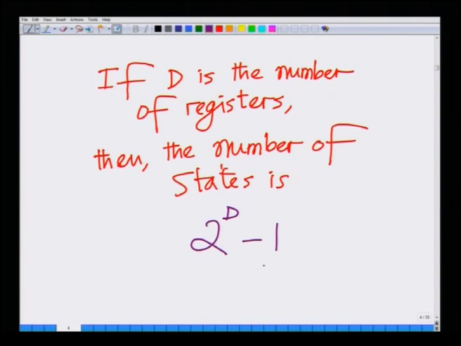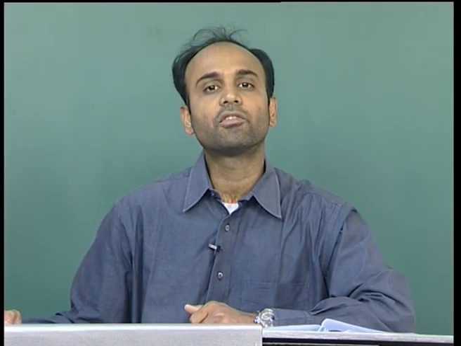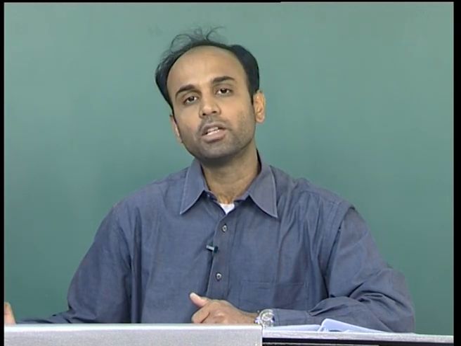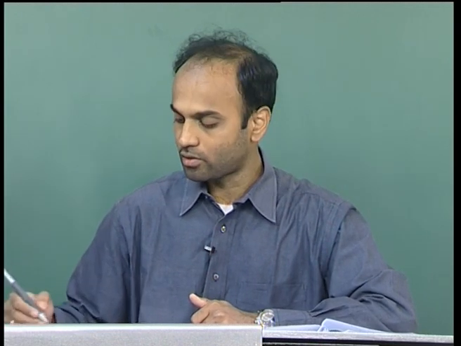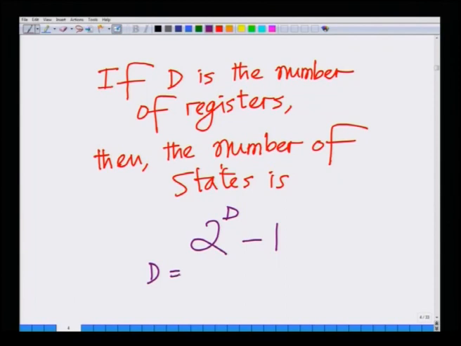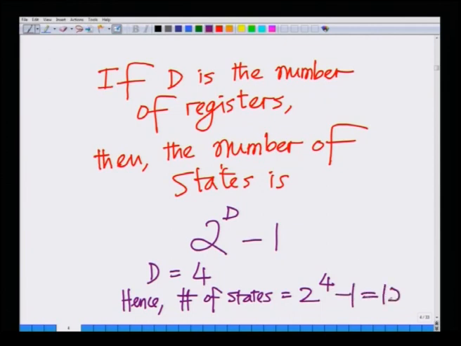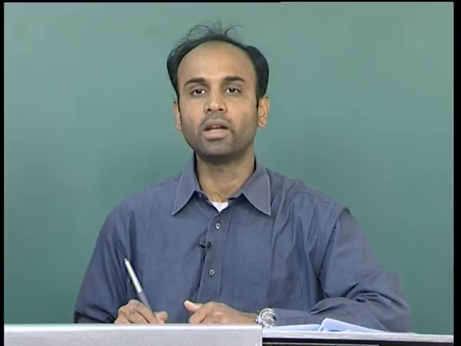In this case, d equals 4, hence the number of states is 2 power 4 minus 1, which is 15.